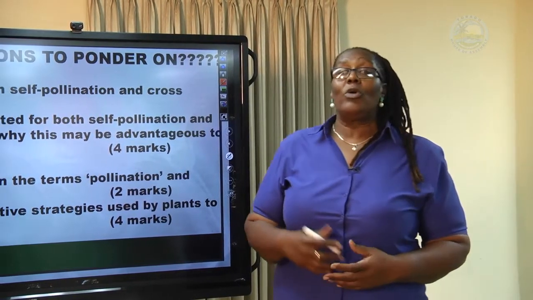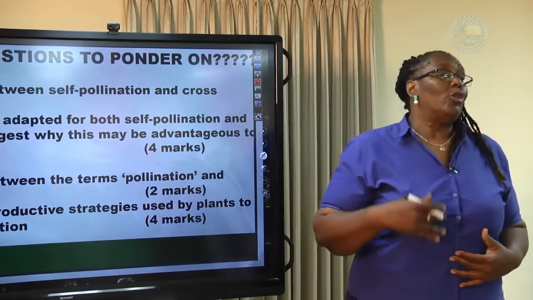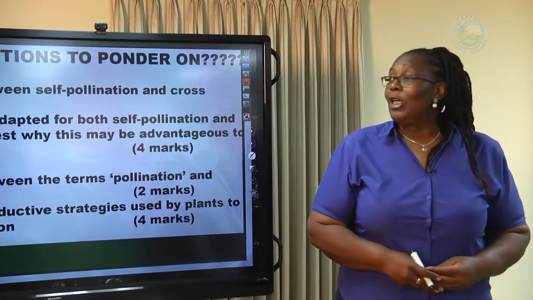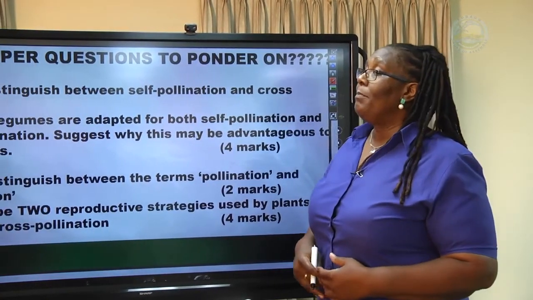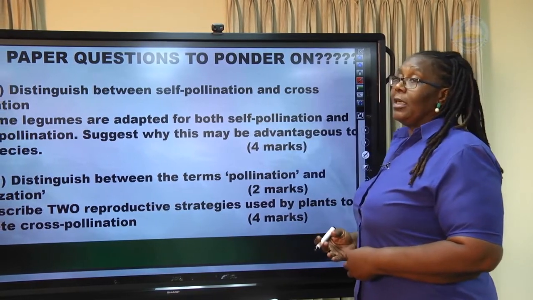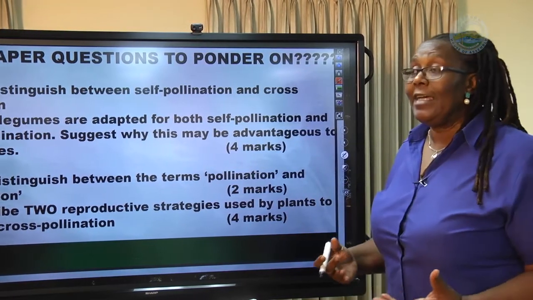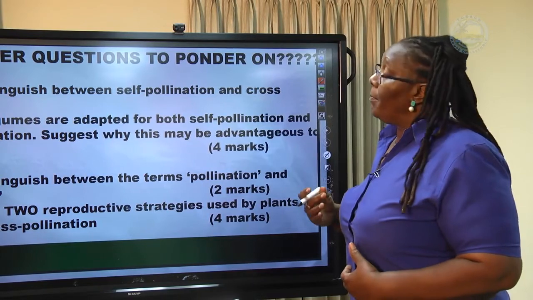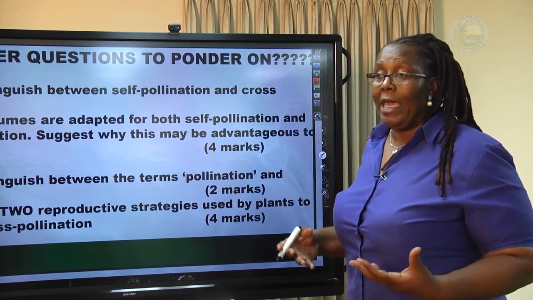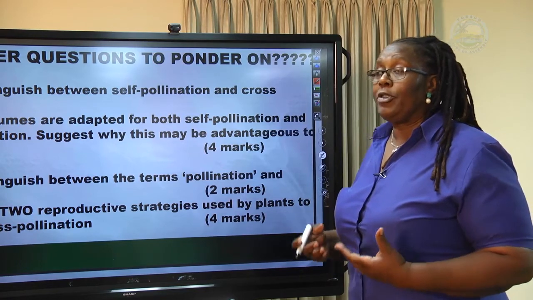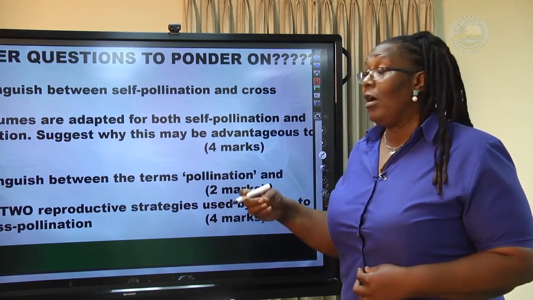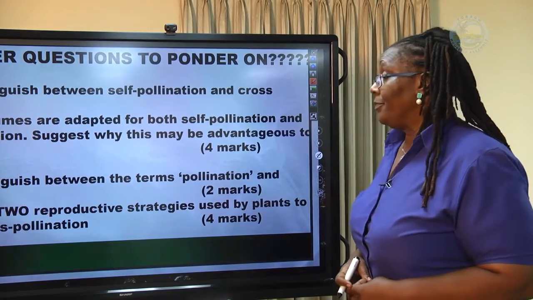And so you can continue to produce new members of your species. Cross-pollination will benefit you because it will bring in more variety, but self-pollination will also benefit you because you will be able to survive and produce more members of your species even if you do not have other members around.